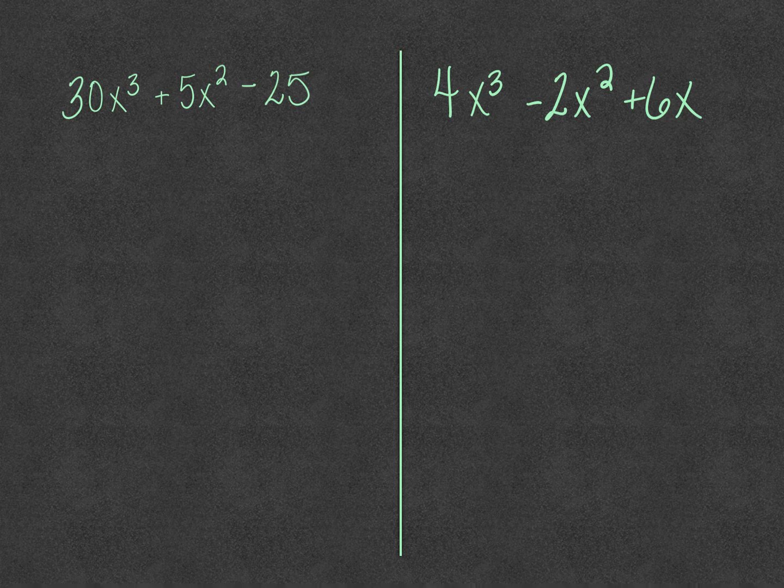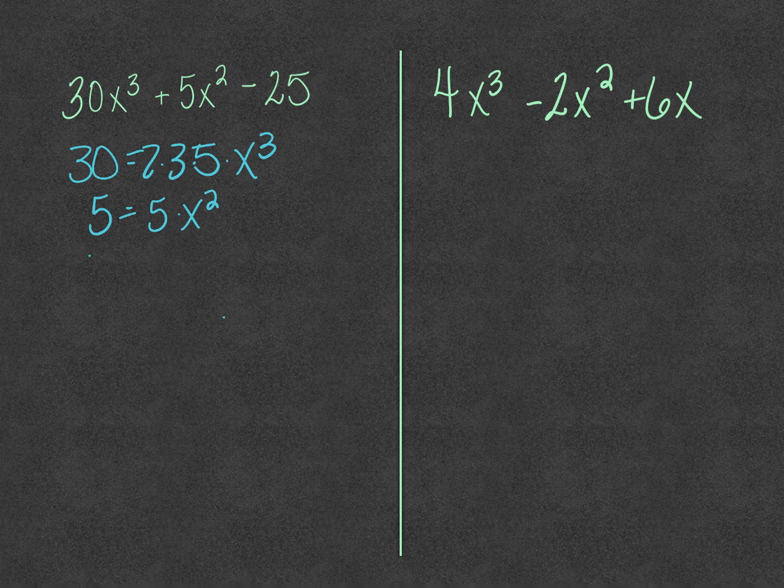Let's find the greatest common factor of 30x to the third, 5x squared, and 25. So 30, we know you multiply 5 times 6. You can do this in your head, which is 2 times 3 times 5 times x to the third. 5x squared equals 5 times x squared.